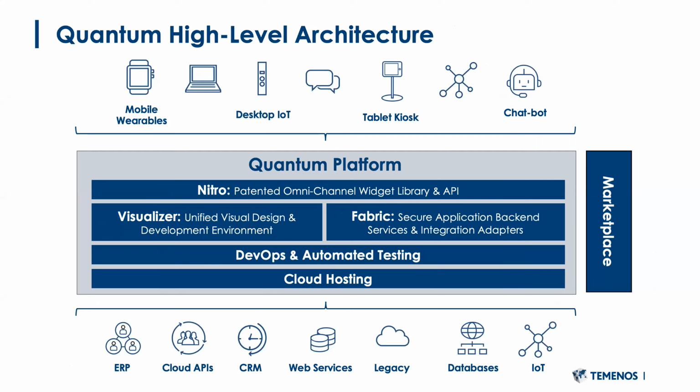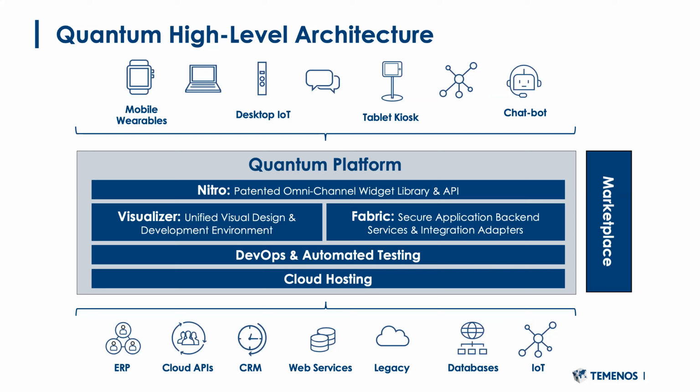We refer to this as Infinity Digital Banking. Those applications are built on the Quantum platform. So they're designed and developed on the Quantum platform, which includes the Nitro framework, which is sort of the secret sauce underneath the hood, which leverages all of the native capabilities of the operating systems, the UI device capabilities.